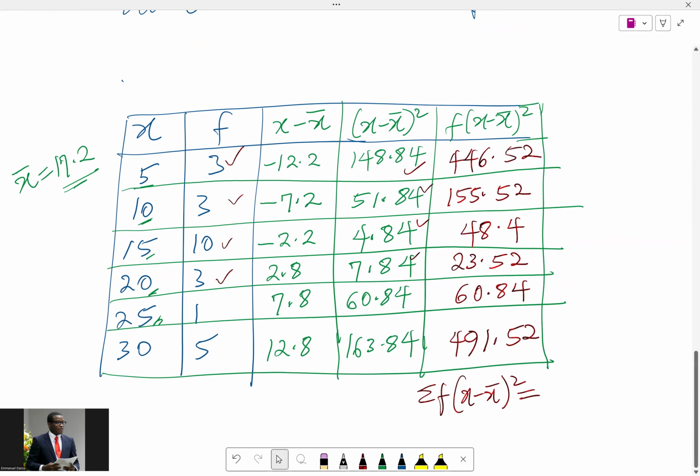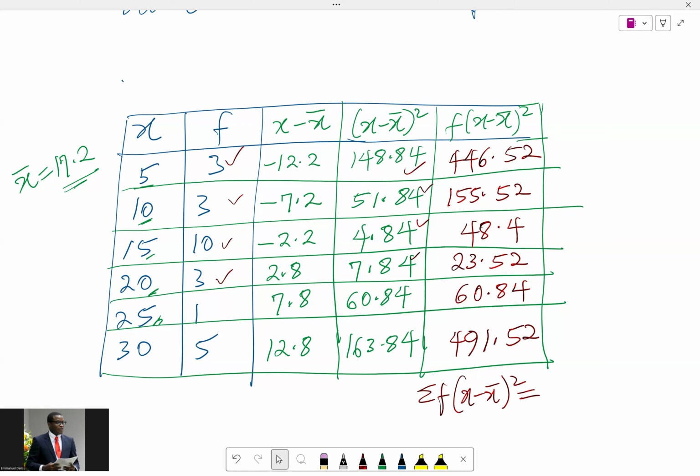So let's go. We have 446.52 plus 155.52 plus 48.4 plus 23.52 plus 60.84 plus 491.52. You need to be careful because it's very easy to make mistakes.